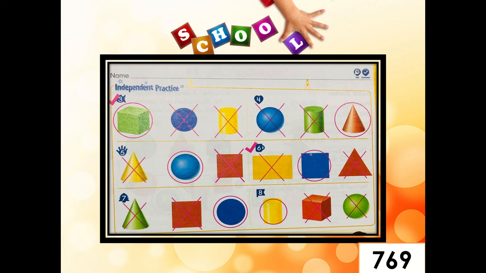The answer is square because a square has 4 sides and all of the sides are the same length. How about number 7? The answer is circle because a circle doesn't have any straight sides.